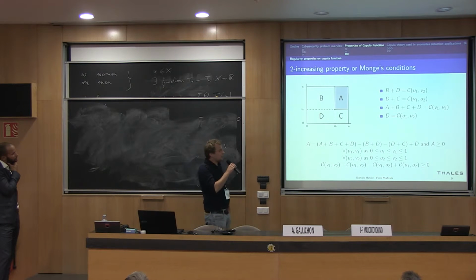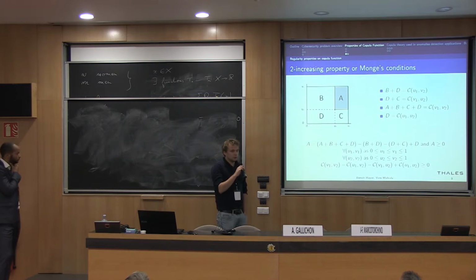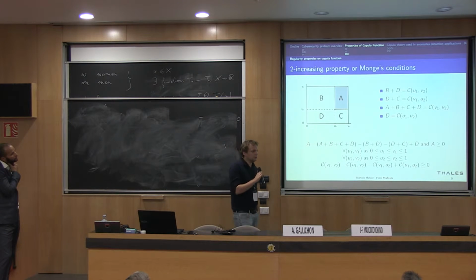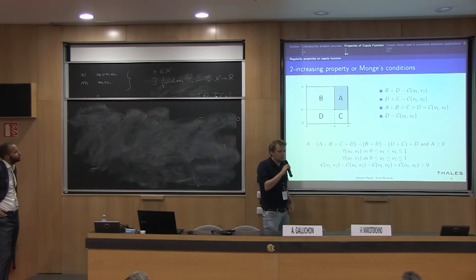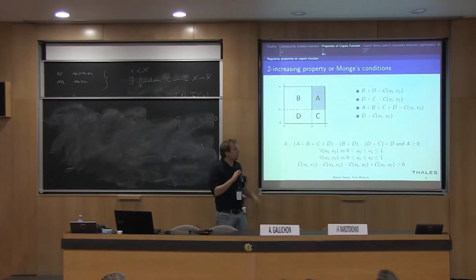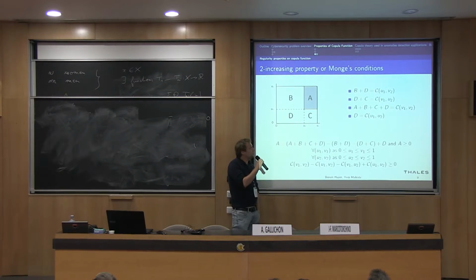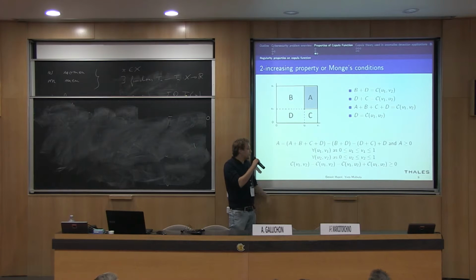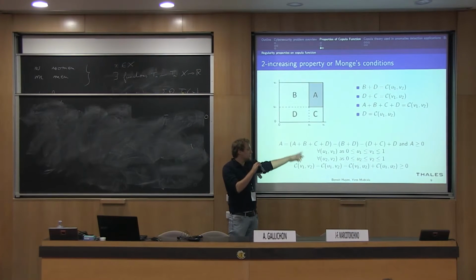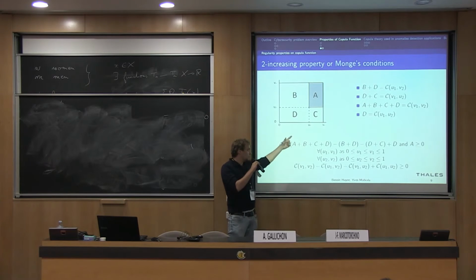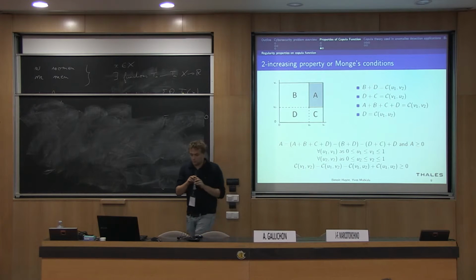First of all, I will present you the Monge condition about the copula. So in copula theory, this condition is called the two-increasing property. For example, if I look at this square and I want to compute the area of A, I can use these things and obtain the Monge properties.